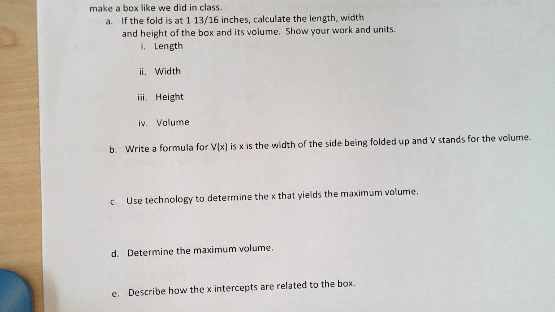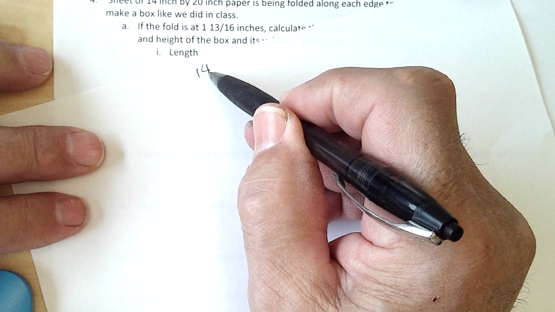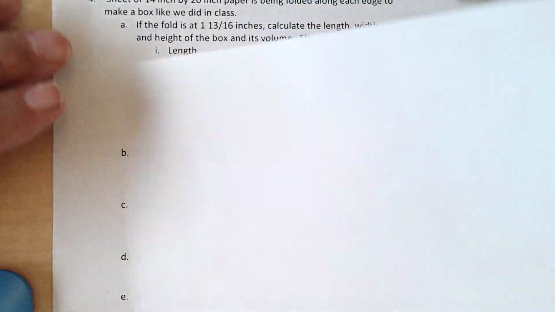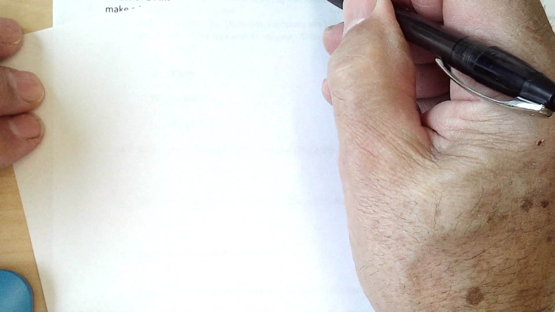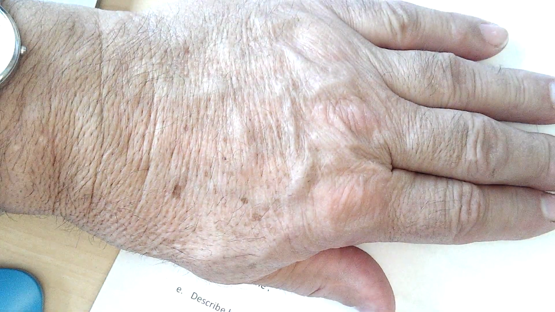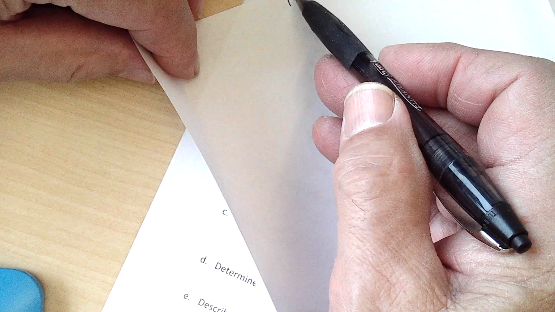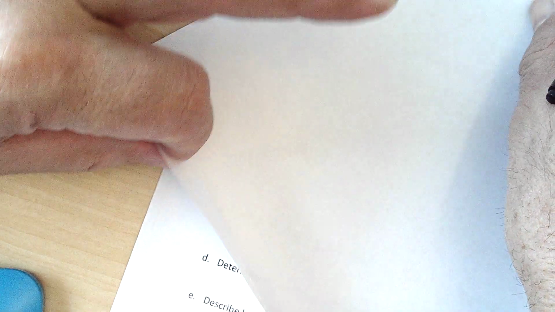Number 4. I have a piece of paper that is 14 inches this way and 20 inches this way. And if I fold up equal amounts on this side and this side, that's going to make the width of the bottom 14 minus however much I folded up.